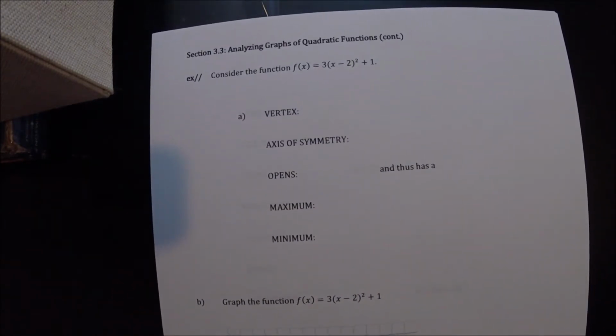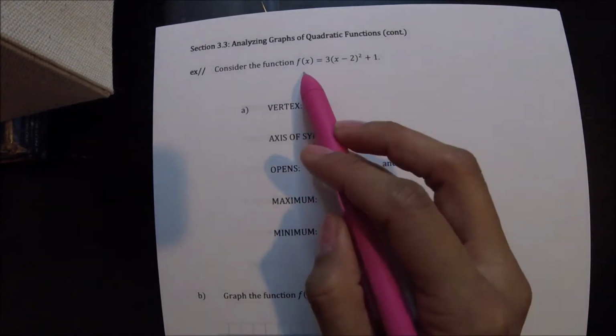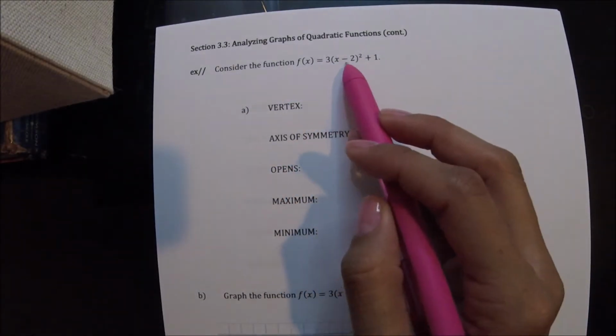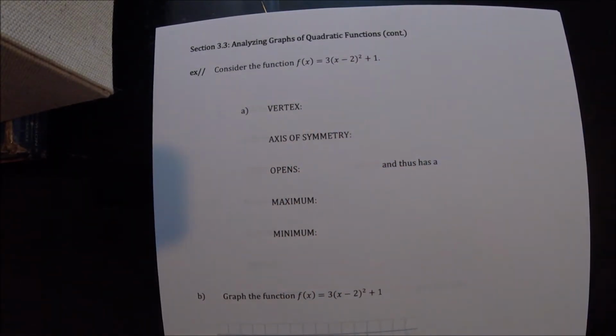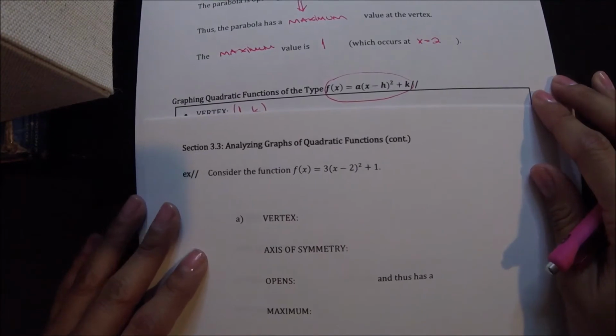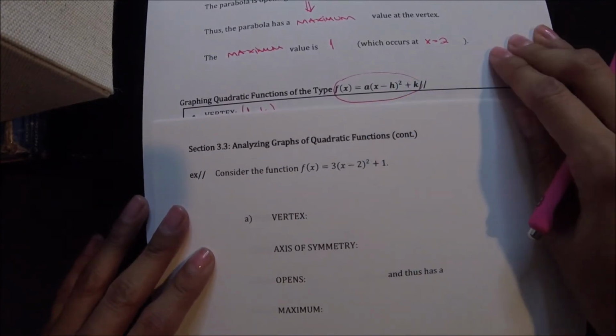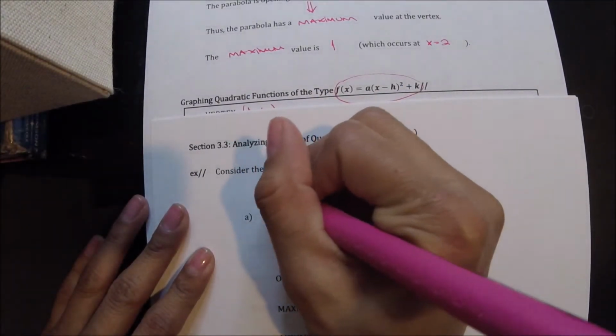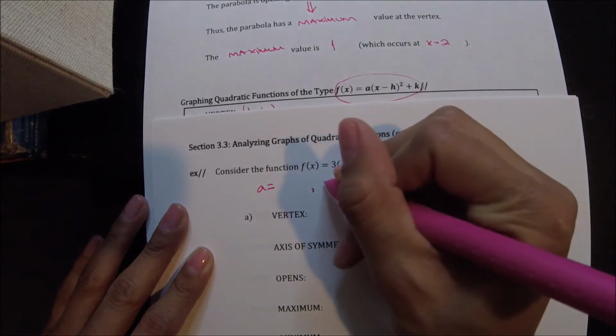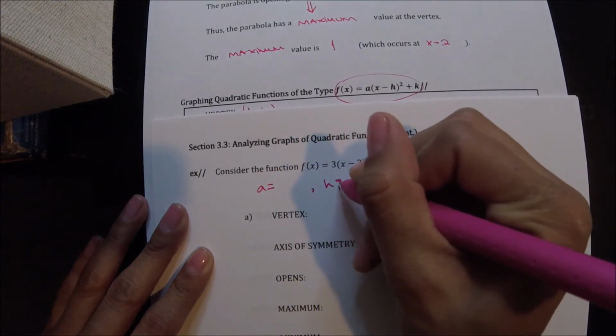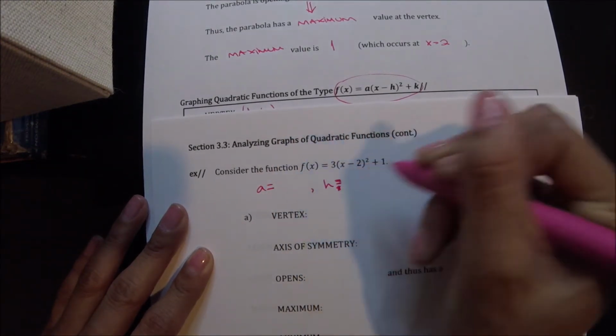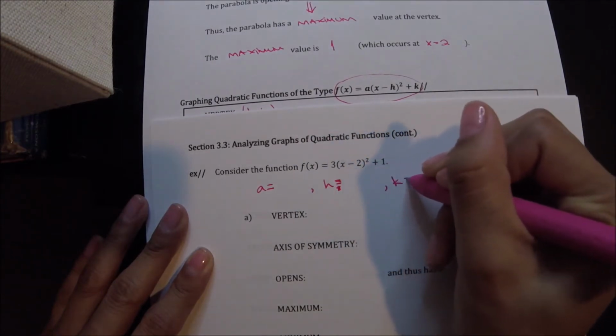Okay, so here's an example. It says f of x equals 3(x - 2)² + 1. So you should recognize that this is in this form. So first thing I'll do is write down what A, H, and K are.